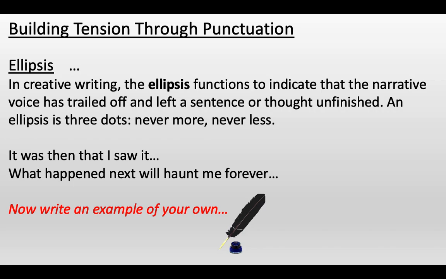Okay, underneath then it says, in creative writing, the ellipsis functions to indicate that the narrative voice has trailed off and left a sentence or thought unfinished. An ellipsis is three dots, never more, never less. So an ellipsis then, if we use sort of a cliched way to describe it, is a little bit like a cliffhanger.